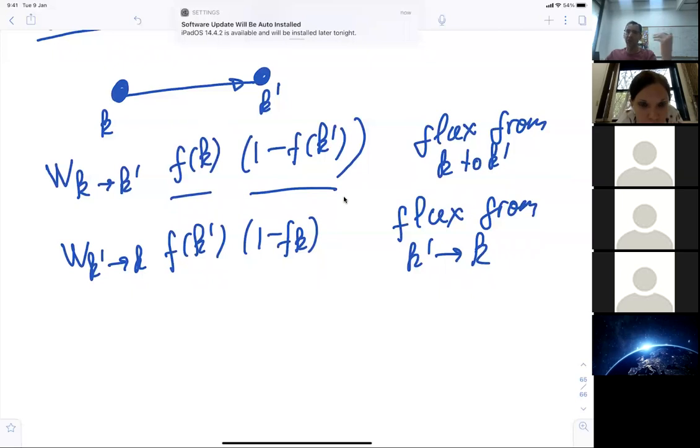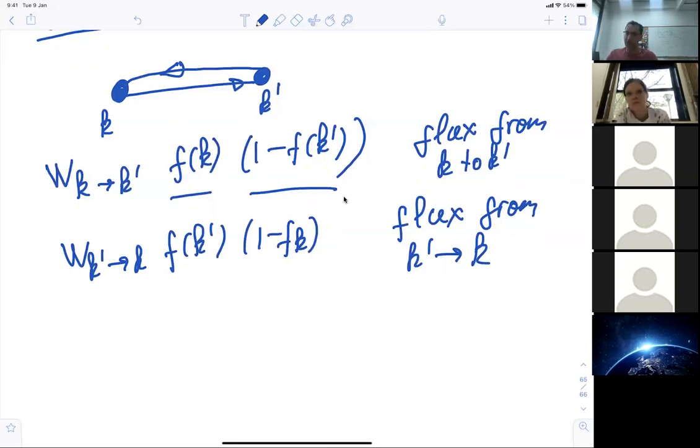In particular, what might happen, and this is what usually happens, is that there is a pairwise balance between any pair of states. If you look at the pair of states k and k prime, the number of electrons that pass from state k to k prime exactly cancels the number of electrons that go from state k prime to k.